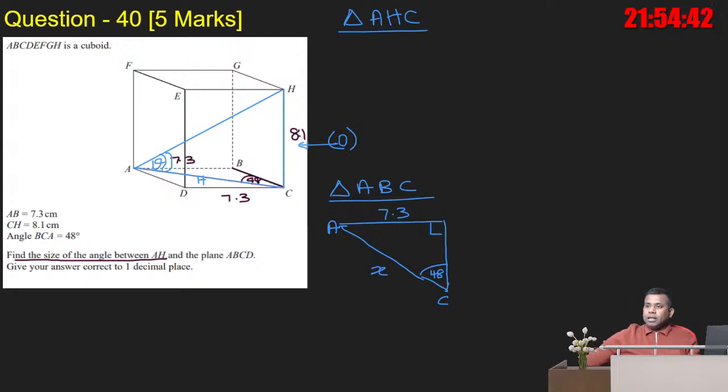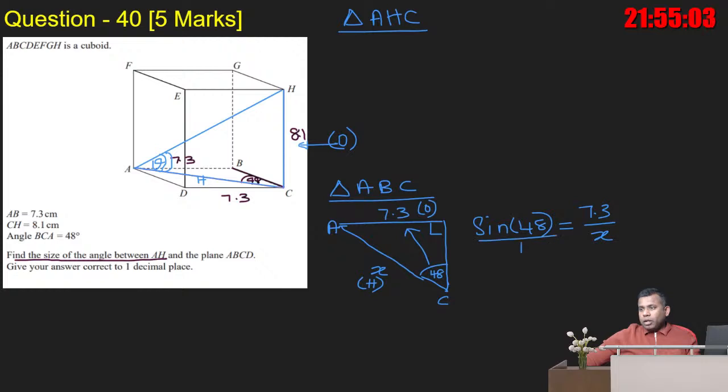So let's say X. So now this is opposite, and this is the hypotenuse. Opposite over hypotenuse is sine. So sine 48 is 7.3 over x.